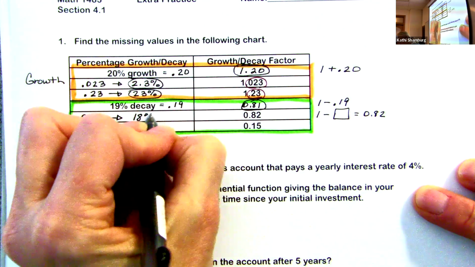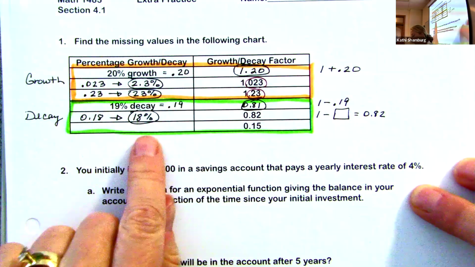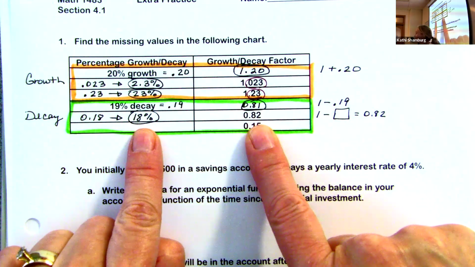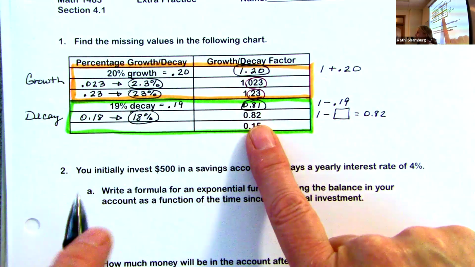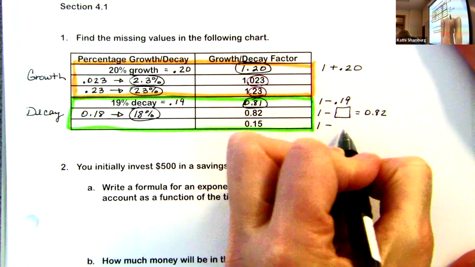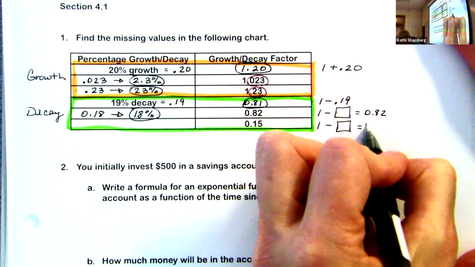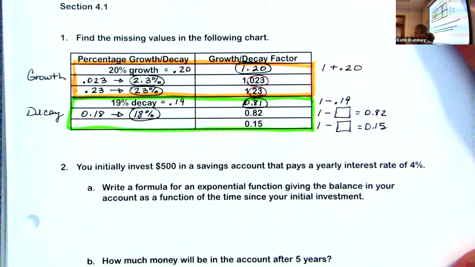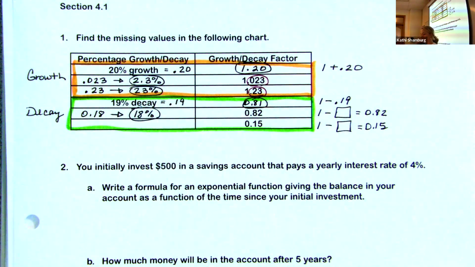Which is 18%. And 18% plus 82% is 100%. So then the last one, 1 minus what? Is 0.15. This is a big decay.